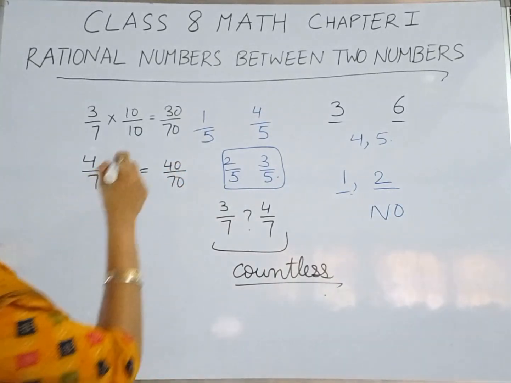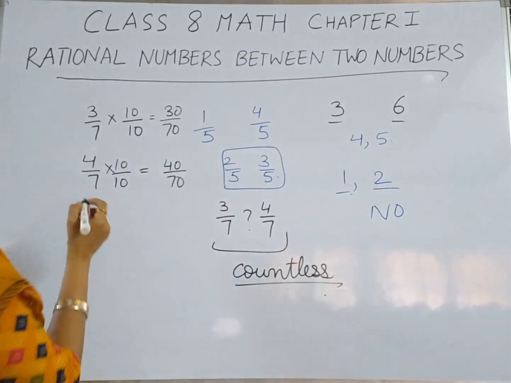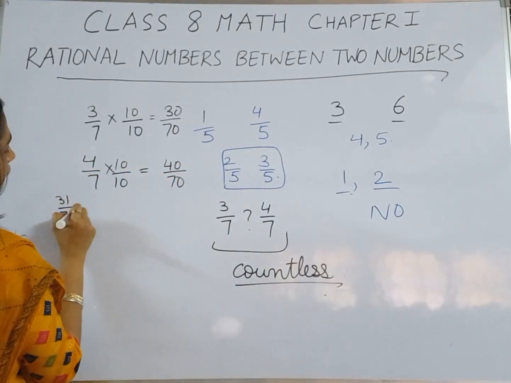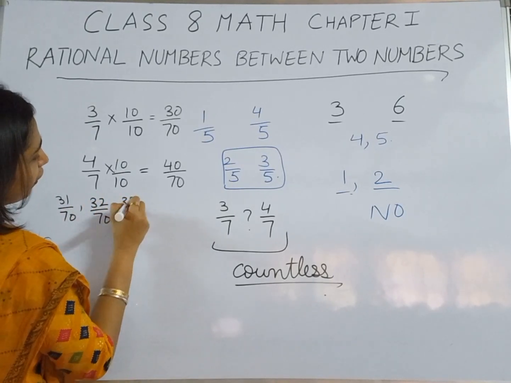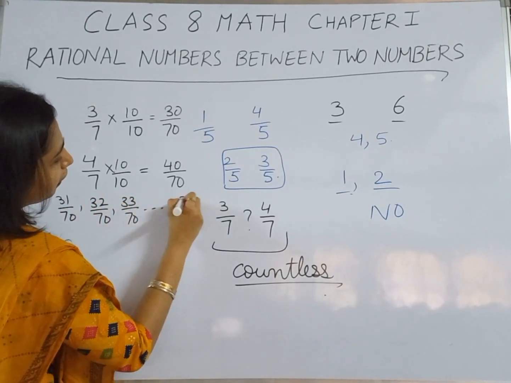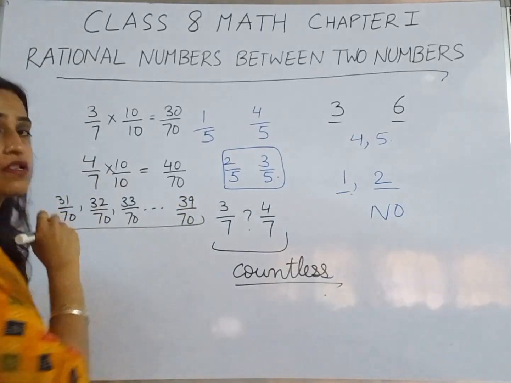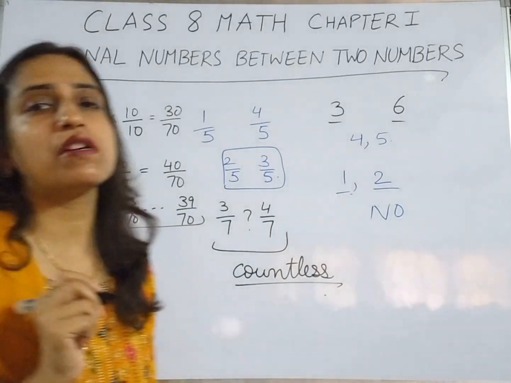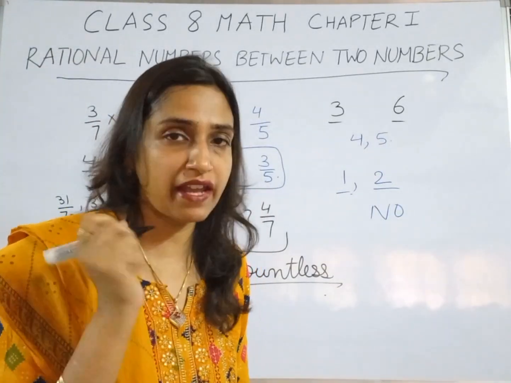Now, how many numbers are between 30 by 70 and 40 by 70? 31 by 70, 32 by 70, 33 by 70, up to 39 by 70. So these are the 9 numbers if I have multiplied the numerator and denominator with 10.